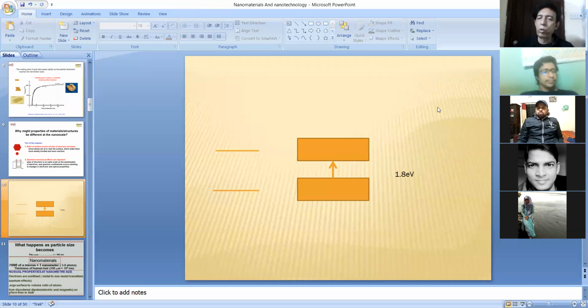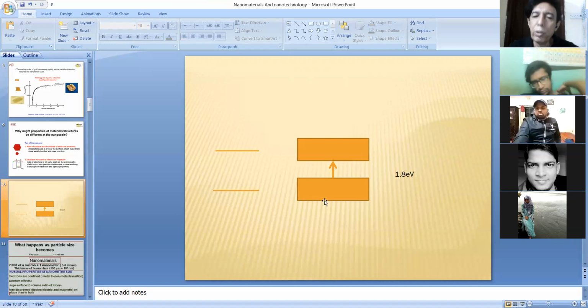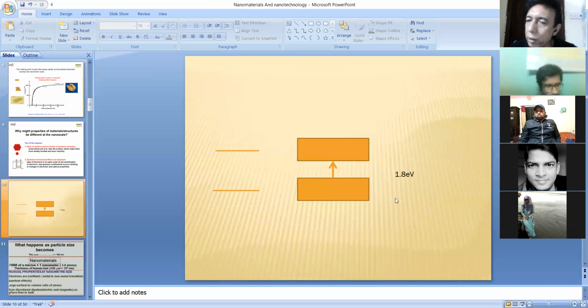Now we are decreasing the size. We are traveling to nano. That means, say for example, we have taken 50 atoms. Previously there were n number of atoms, so n number of lines. Now we have 50 atoms, so there should be 50 lines.